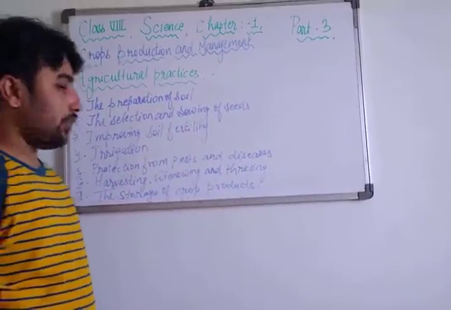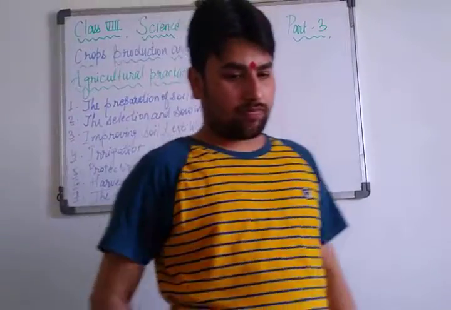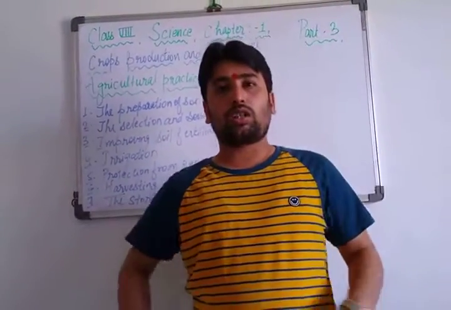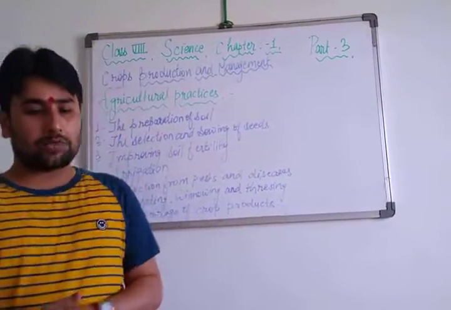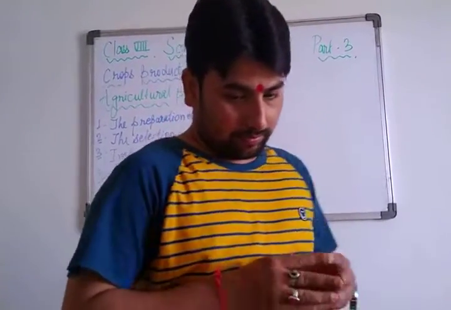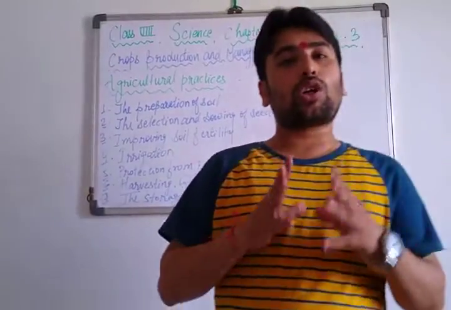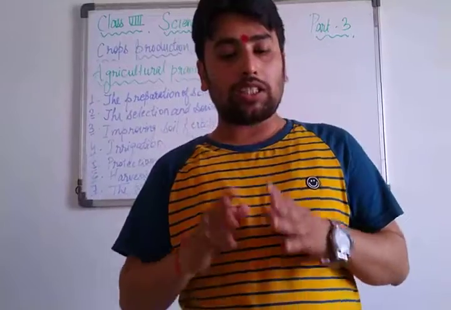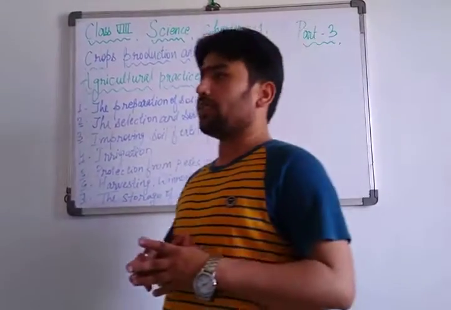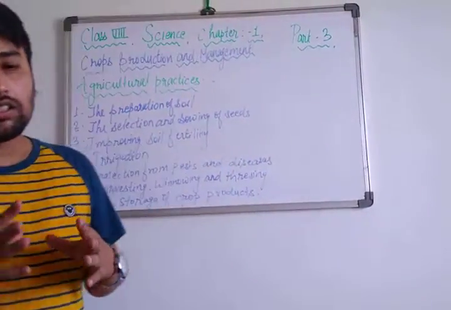Improving the soil fertility: you must have heard about the crop rotation method in previous classes. Can anyone tell me what the crop rotation method is? Growing different crops in a field over successive years to avoid depleting the nutrients of the soil is called crop rotation.